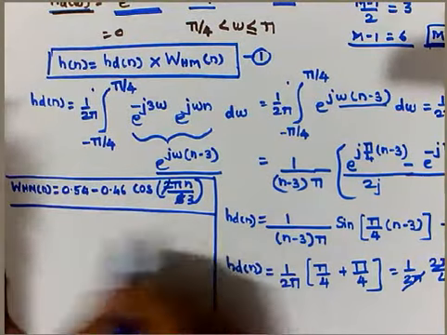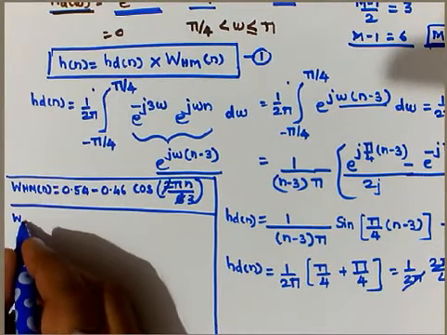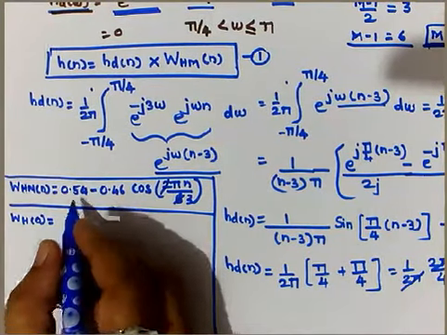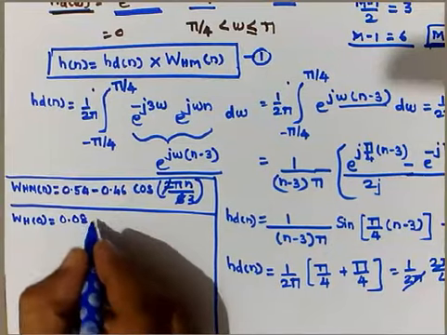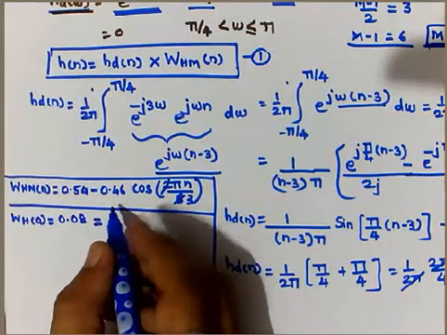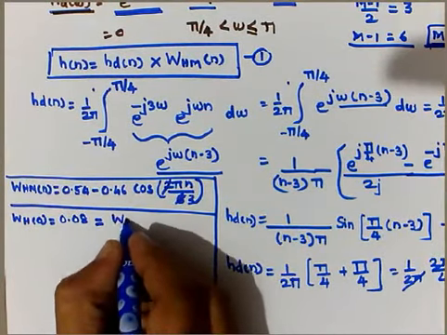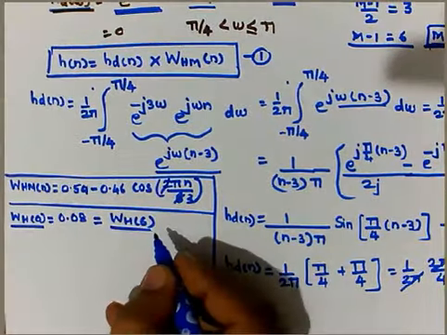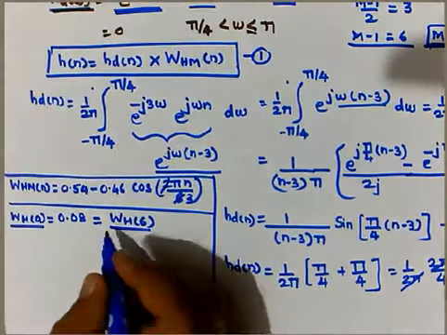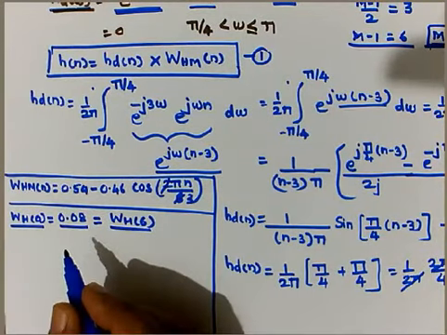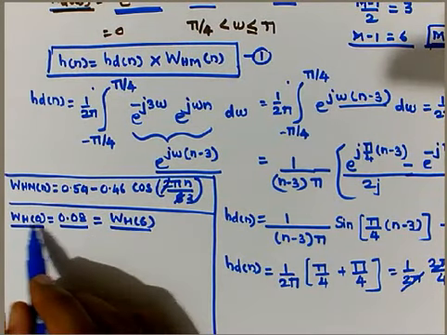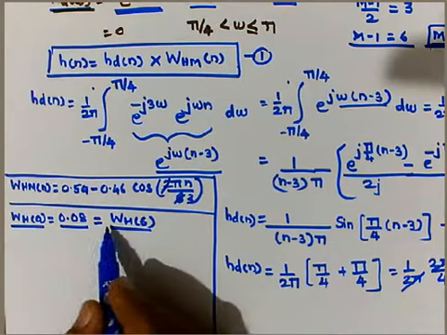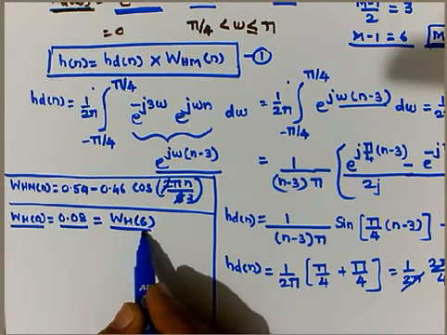So calculate here the coefficients, ranging from WH0. So WH0 will be 0.08. It is same as that of WH of 6. This you can just cross check. This is nothing but where we can say the filter coefficients are symmetric, or this is a symmetric FIR filter. So if you calculate WH of 0, that is by putting n equal to 0 in this equation, you will find it is same as that of WH of 6.